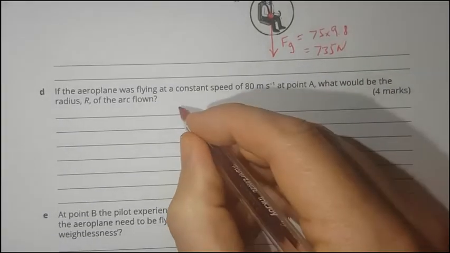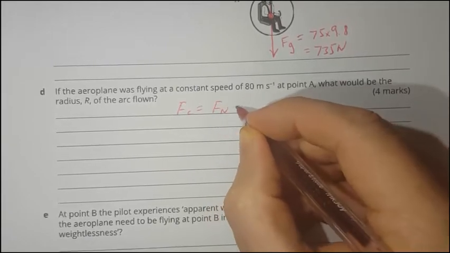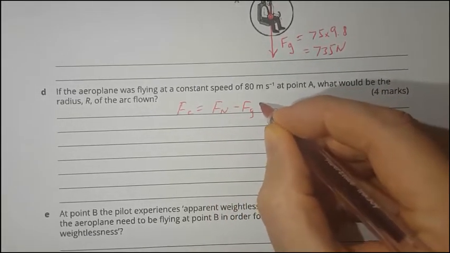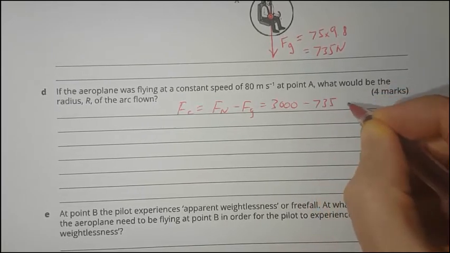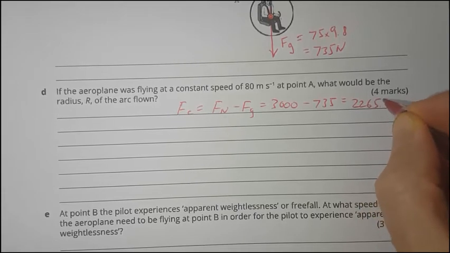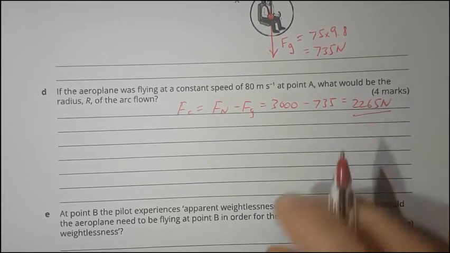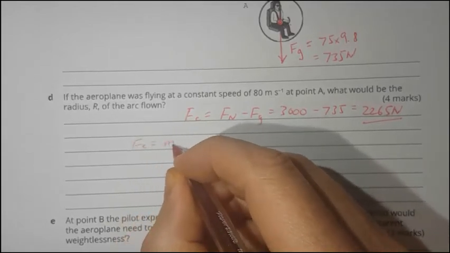So Fn subtract Fg is 3,000 take 735, and that's going to end up being 2265 newtons. This is your centripetal force that you're working with, and you know that centripetal force is equal to mv squared on r.